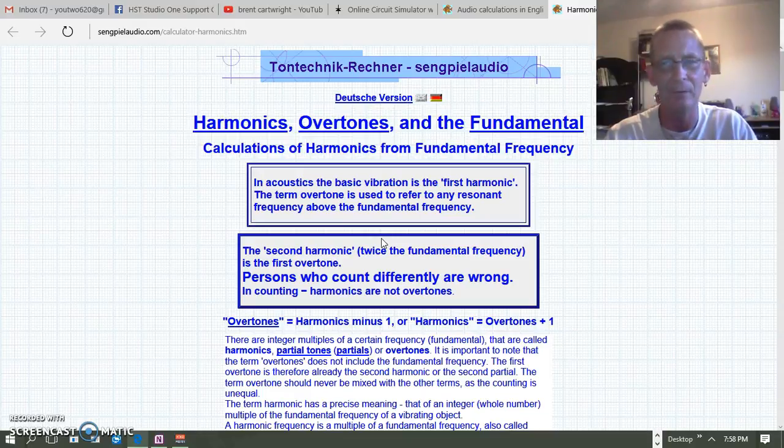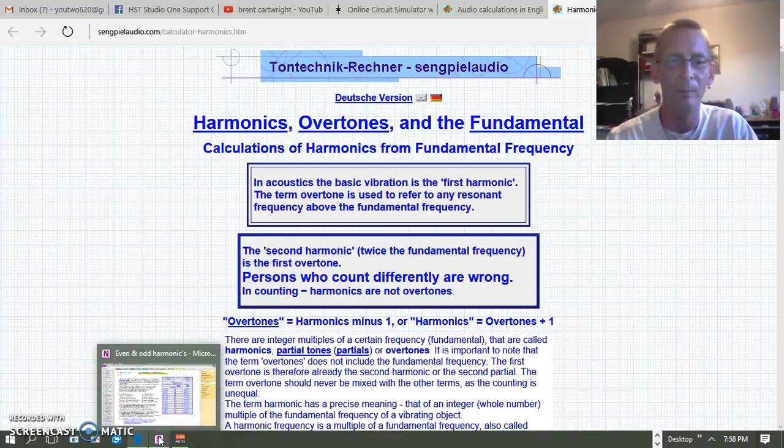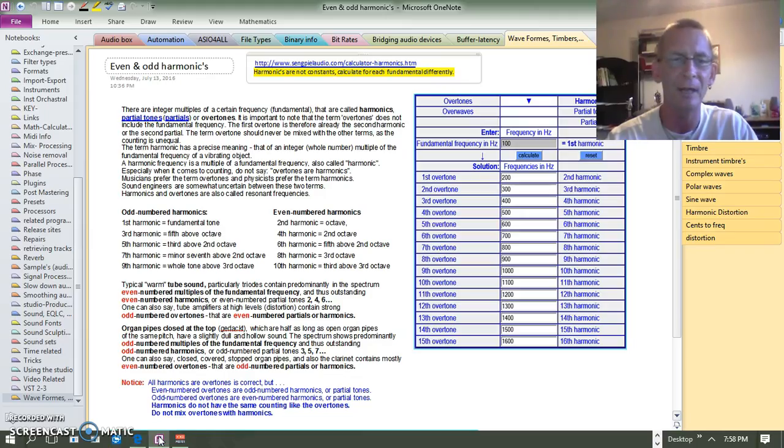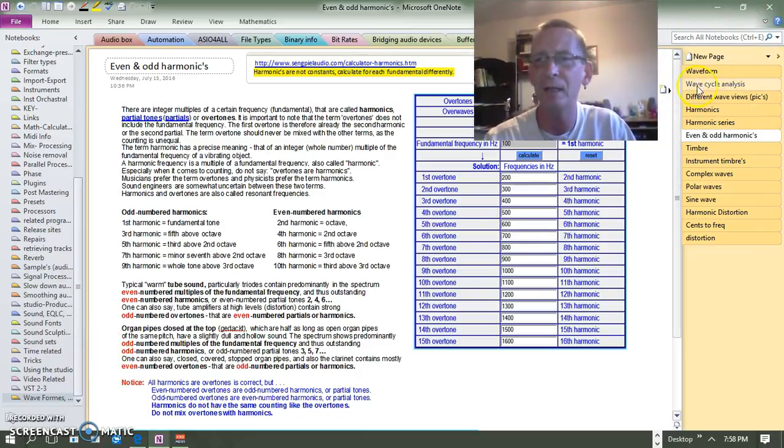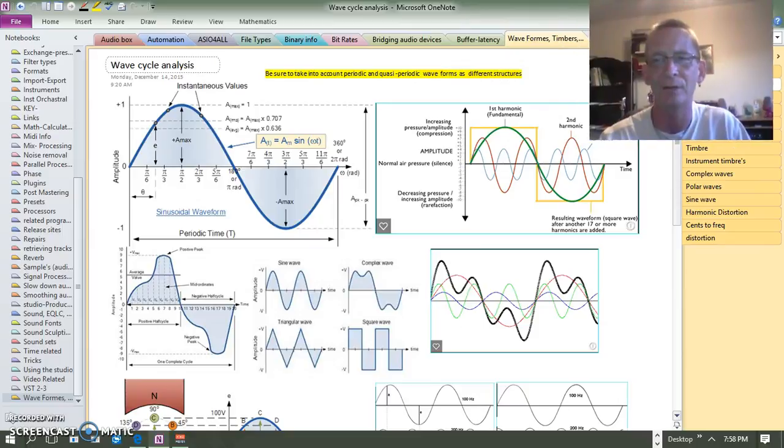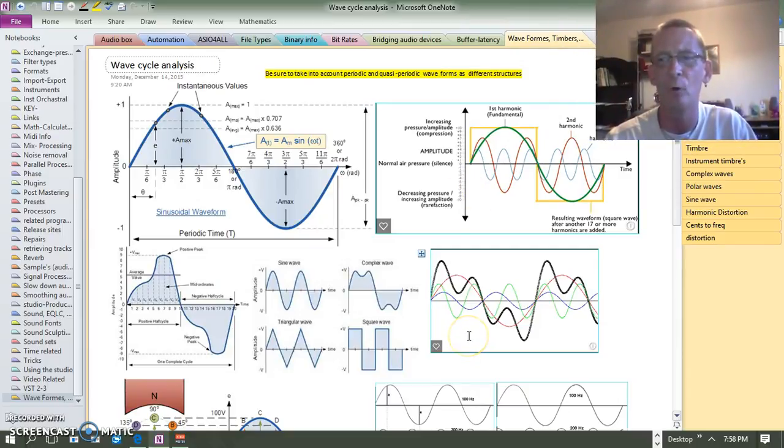The next thing that I was going to try to tell you to do is understand audio, understand sound, so that when you're looking at waveforms, you understand what a sinusoid is, what a complex waveform is.